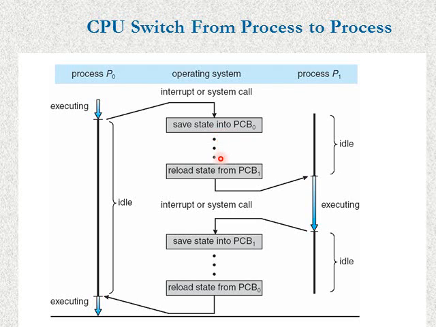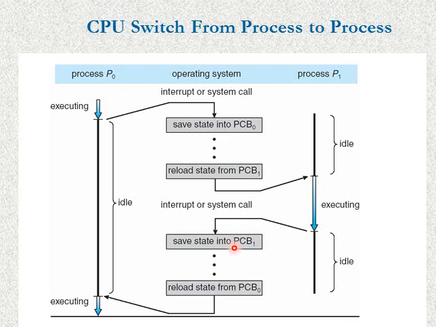And then it reloads the state from PCB1 that is associated with process P1. When it loads the state, process 1 will start or continue its execution. After a while, when this time slice expires or some other event occurs, the operating system will again save the state into PCB1 one more time.